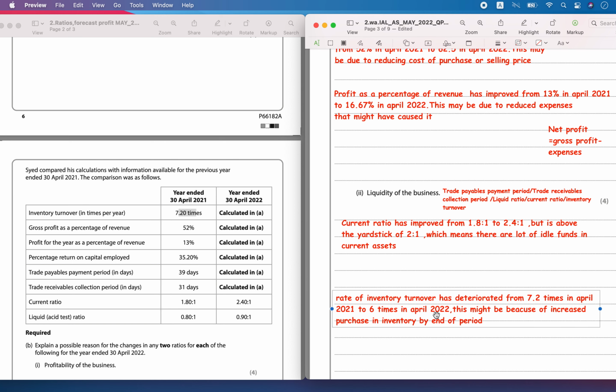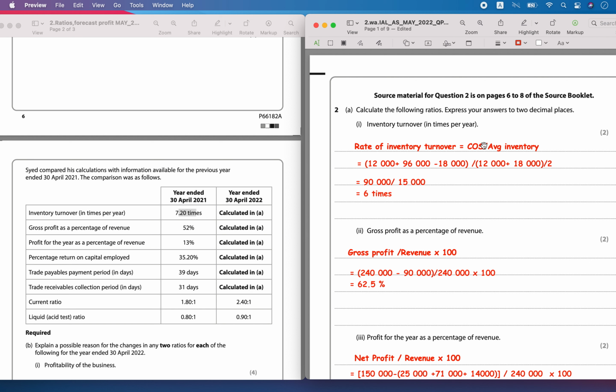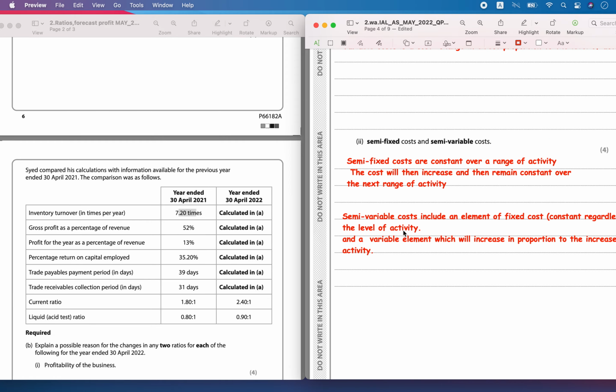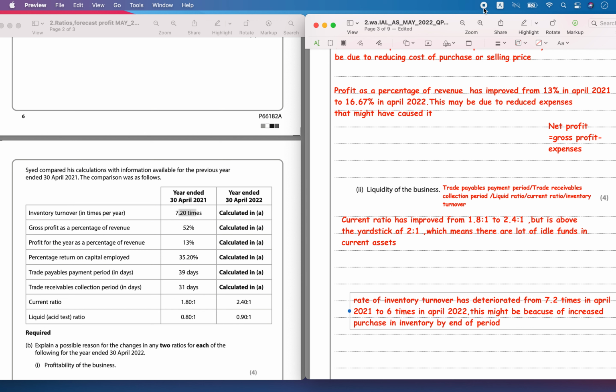That's why. So what is the formula? The rate of inventory turnover, which we had already calculated, is cost of sales divided by average inventory. Imagine this value has gone up from the previous year. That is the reason that might have caused it to fall to 6 times. So that is the reason you are going to write for the rate of inventory turnover.